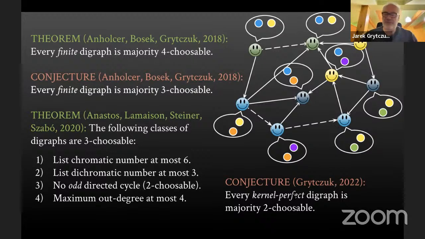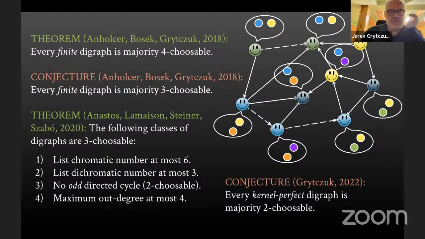I don't know if you know what a kernel perfect digraph is. A kernel in a digraph is an independent set of vertices such that every vertex outside the kernel has an outgoing edge pointing to the kernel. And kernel perfect means that not only does this digraph have a kernel, but also every induced subgraph has a kernel.